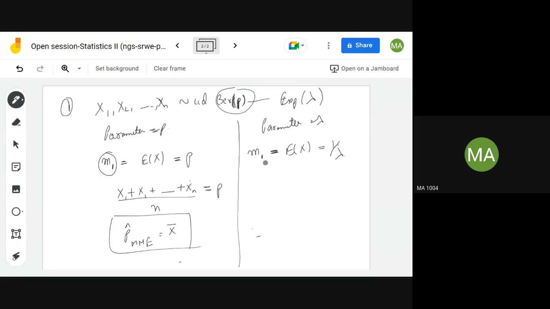Now again this M1 is the sample mean, so x bar equals 1 by lambda. So you get lambda to be 1 by x bar. So the method of moments estimator of lambda is nothing but n upon x1 plus x2 up to xn.